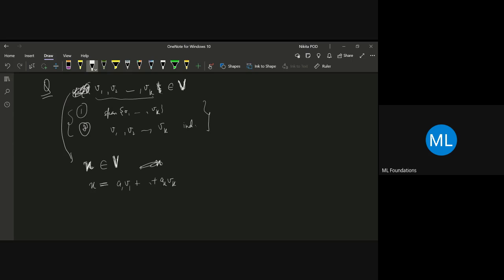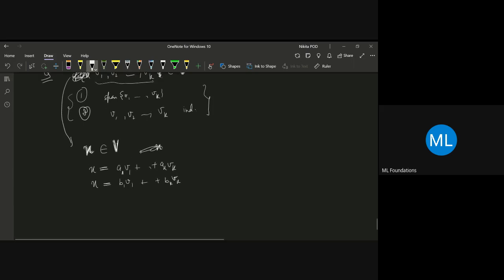If I take another linear combination, b1 v1 plus up to bk vk, and take the difference, you will get the sum of (ai minus bi) vi, which should be 0.